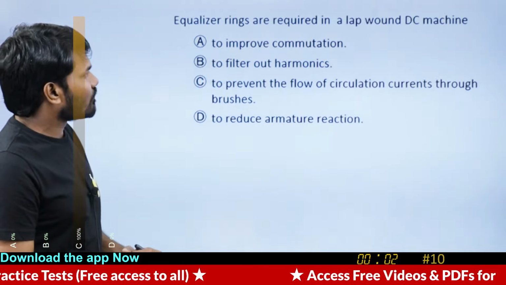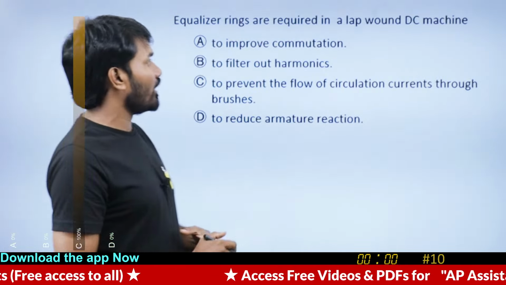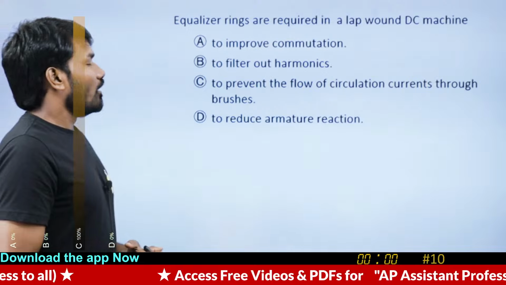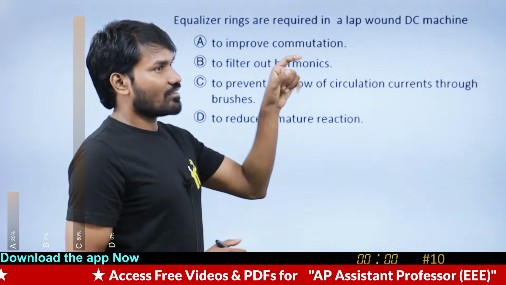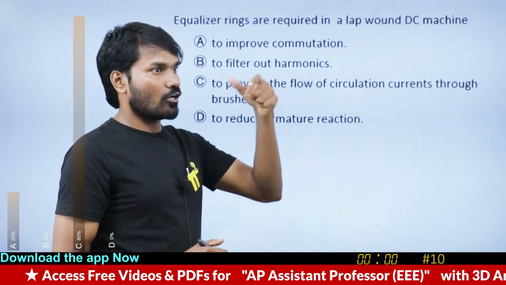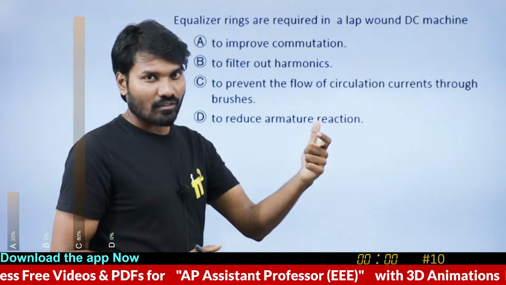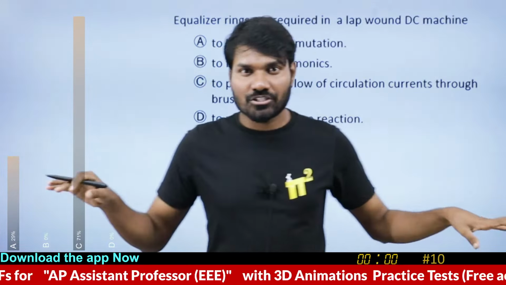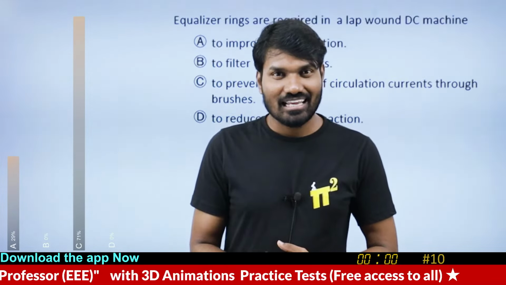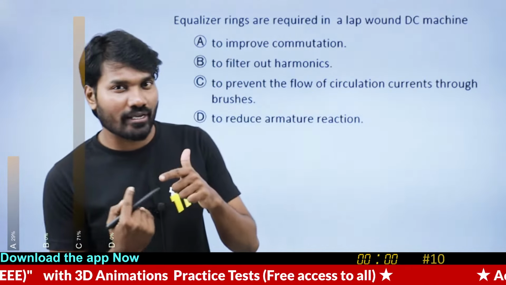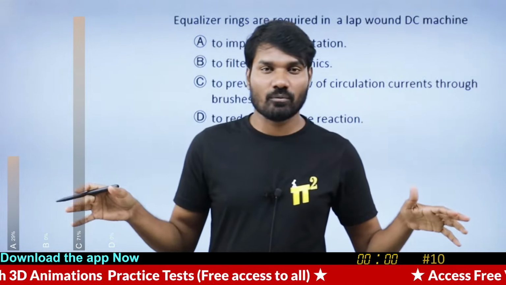Respond. Equalizer rings are required in a lap winding because, as this itself says, only lap winding requires equalizer rings. Wave winding inherently has the equalization property. That's one of the amazing things. Lap winding is a closed winding, wave winding is an open winding.